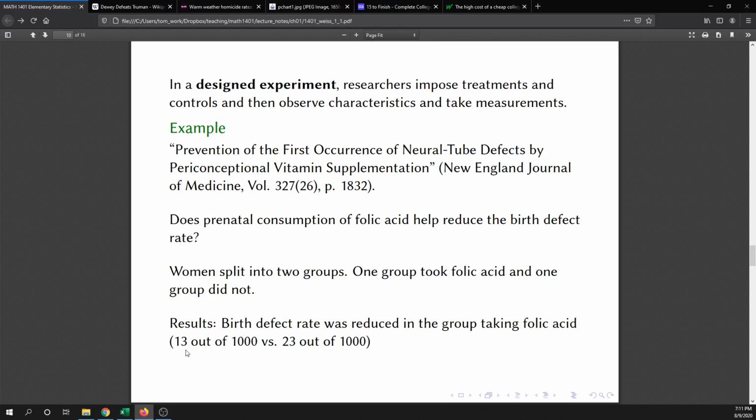There were about 13 birth defects out of 1,000 in the folic acid group, versus about 23 out of 1,000 in the control group. So here the individuals in the study were split into two groups and had different treatments. Okay, so that's a designed experiment.